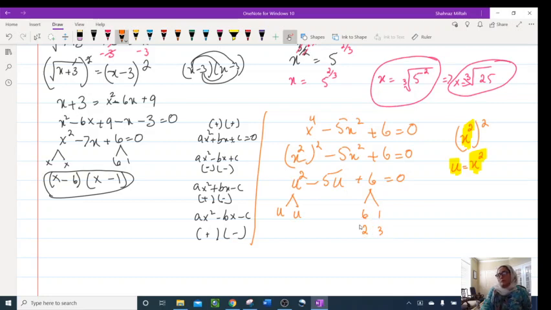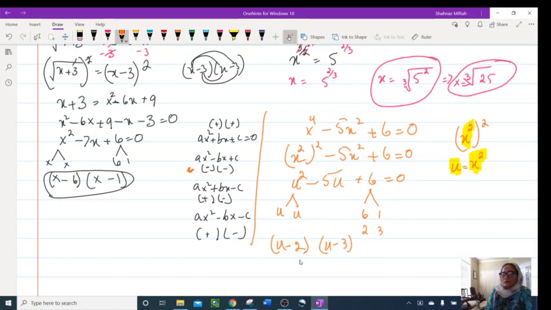And you know the minus sign in the middle of this equation means both of my factors are negative. So I'm going to do u and u here, with 2 and 3. It doesn't matter where 2 goes, where 3 goes, the signs are the same. Now, do you see that? Everything looks good to me right now.